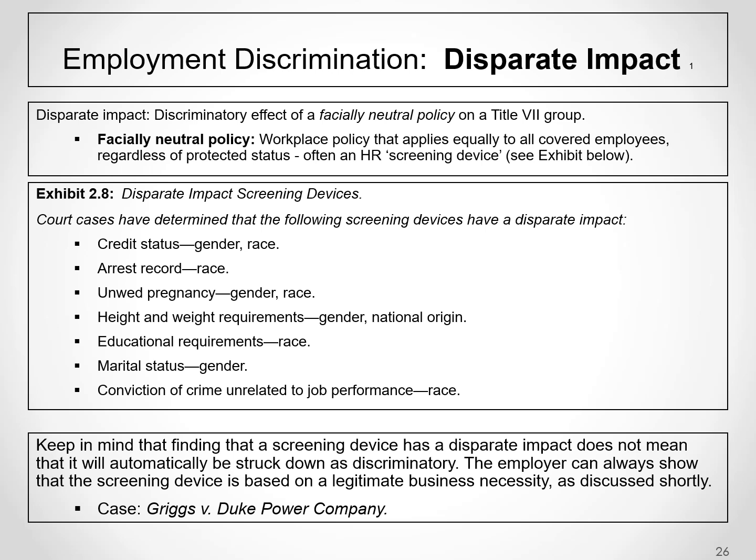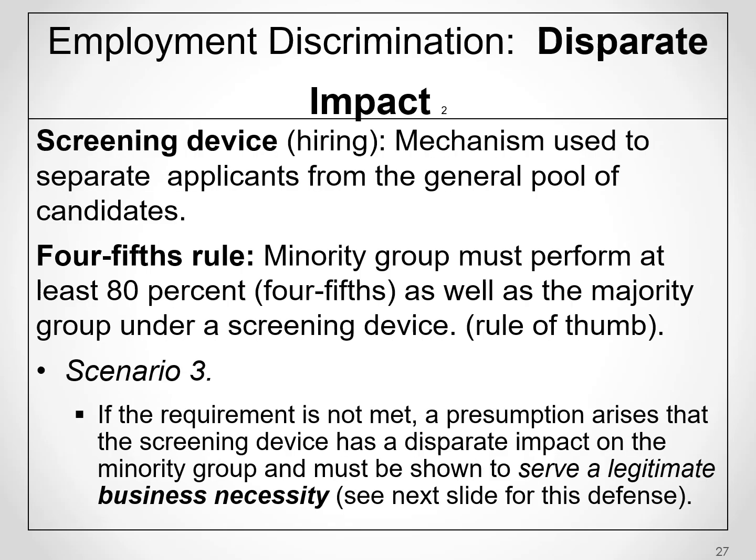Court cases have seen some of these situations, but it's important to understand that a screening device that has a disparate impact doesn't always mean it'll automatically be struck down as discriminatory. If that screening device is legit, part of a business necessity, then it will stand.